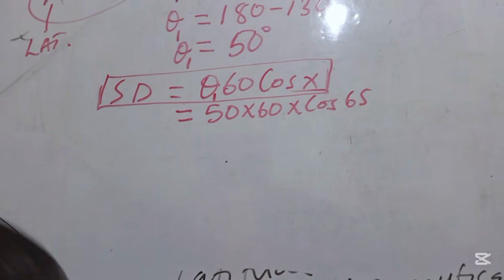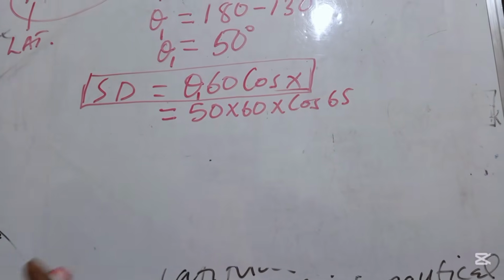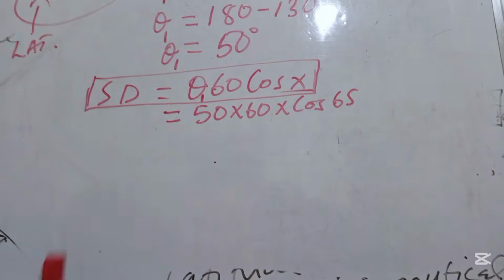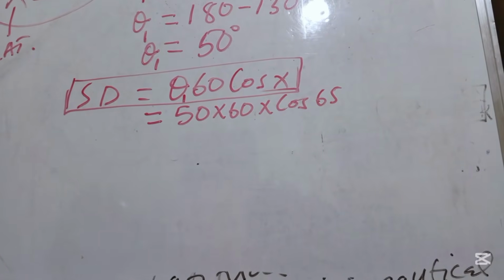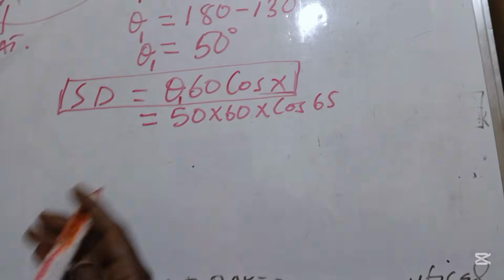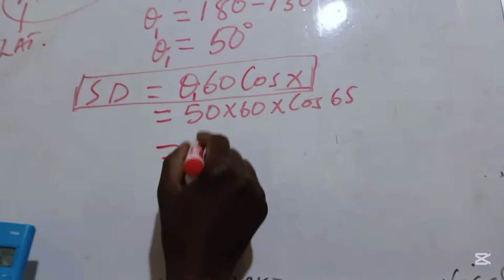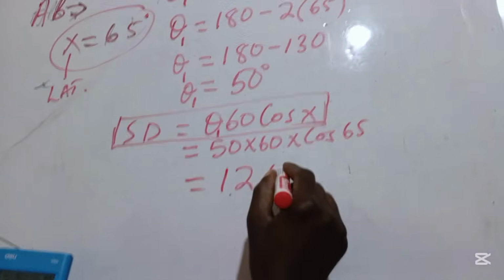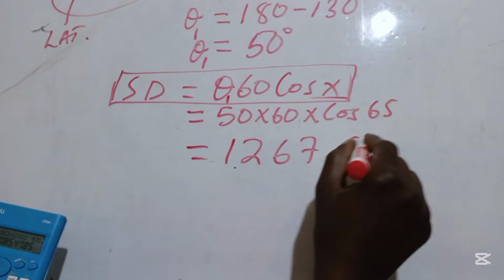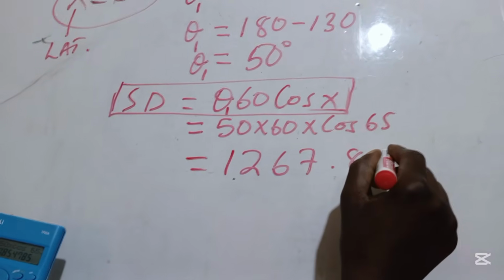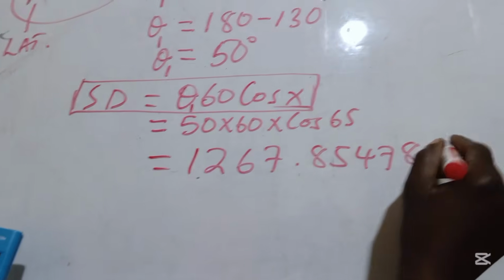I'll say, okay, Angel. So now my answer will be, try to copy everything on your calculator. Don't start leaving some figures. Write everything: 12, 6, 7.8, 5, 4, 7, 8, 5.